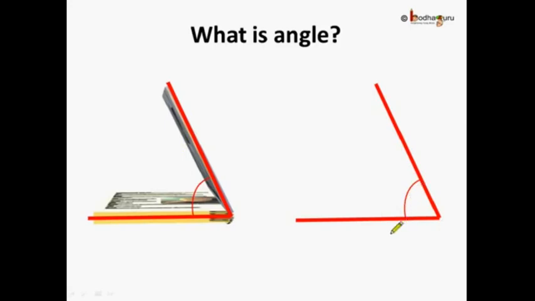We can also say that the angle is the amount of turn between the two straight lines which meet at a point. So here these are the two lines, they meet here, and this is the amount of turn or the angle formed between these two straight lines.